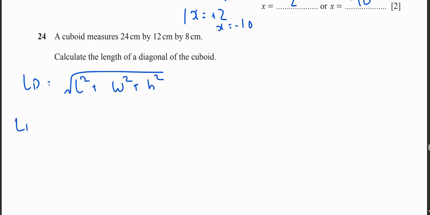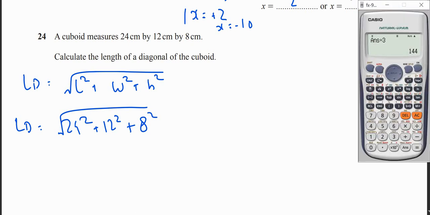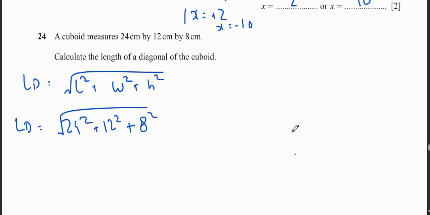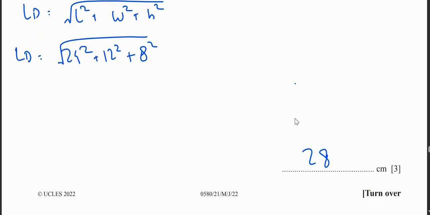So LD is equal to root of 24 square plus 12 square plus 8 square. Just use a calculator. 24 square plus 12 square plus 8 square gives 28. The answer is 28.